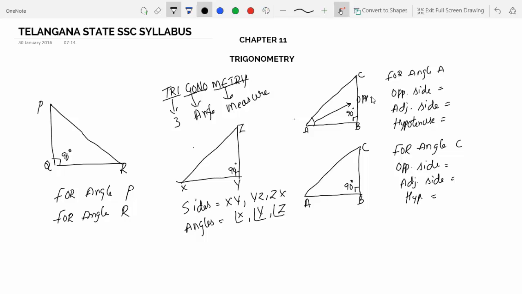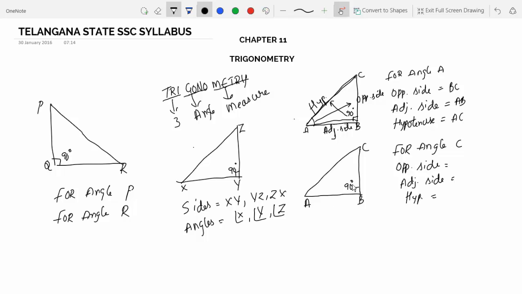The side opposite to the right angle, angle B, the slant line, is the longest side in a right triangle and it is known as hypotenuse. So AC is the hypotenuse and the side adjacent to angle A is known as the adjacent side. So for angle A, opposite side is BC, adjacent side is AB and hypotenuse is AC.